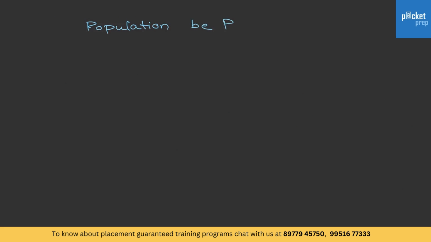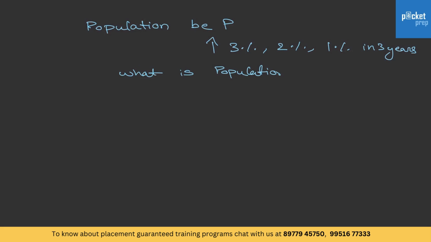As I said before, what if they give varying rates? Let the population be P and it is increasing at a rate of 3%, 2% and 1% in 3 consecutive years. What is the population after 3 years? This is given by the same formula but a bit changed.